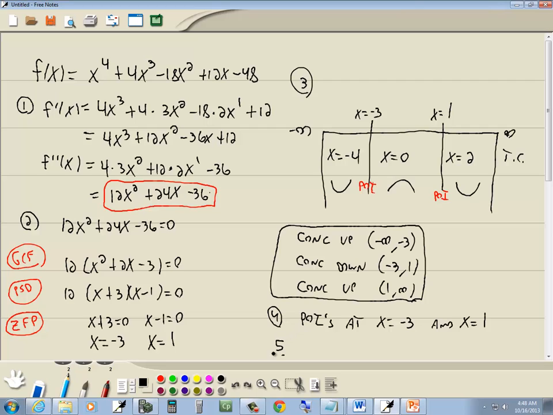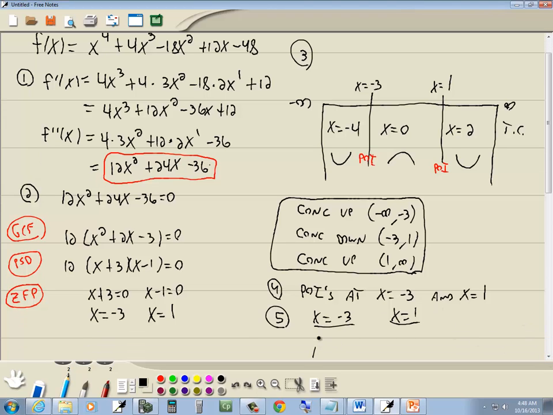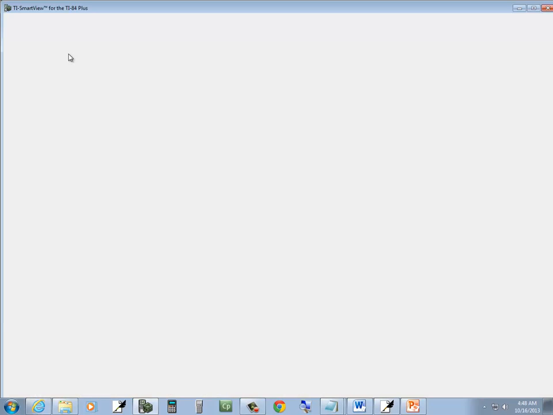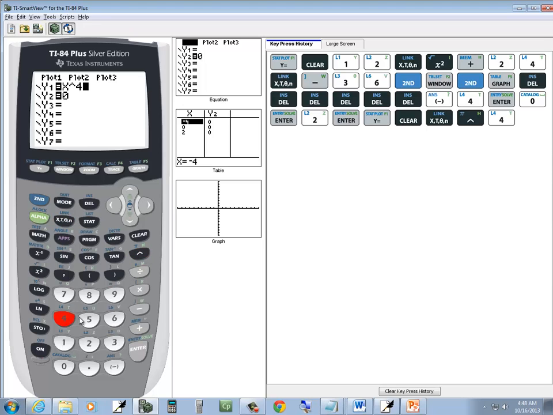Now, step 5, we want to plug those back into our original function. So right up here. And we want to find out what our y value is. Because remember, f of x is the same as y. So let's use the calculator for this. We'll go back to y equals, clear, and then we got x to the fourth, so I do x caret 4, plus 4x to the third.